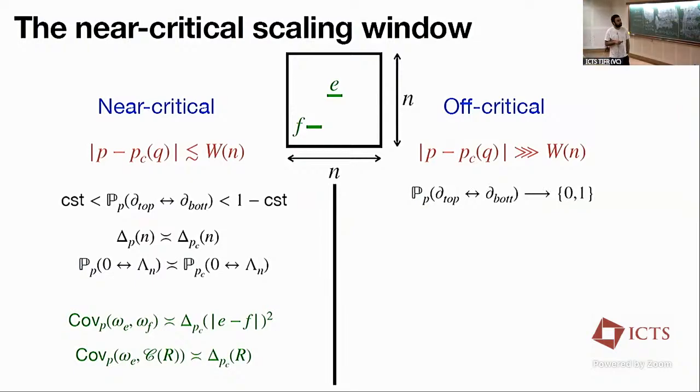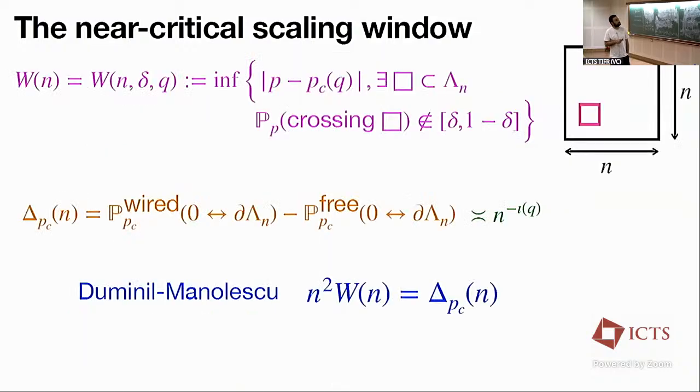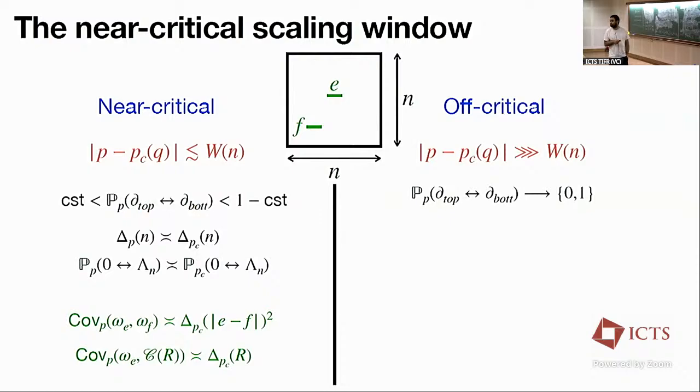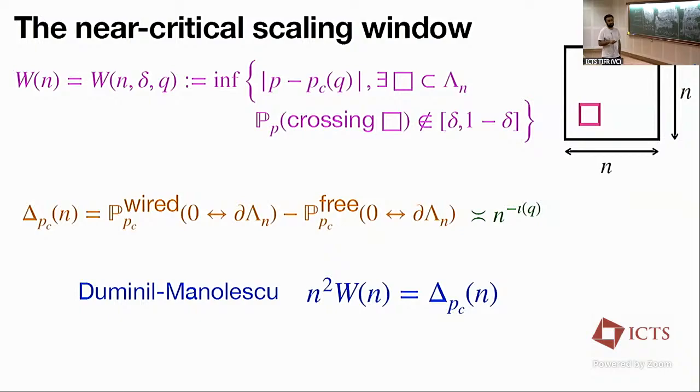But the conceptual message is that this near-critical window, which a priori was only defined for crossing events, macroscopic crossing a priori, actually tells you that if you don't move regarding crossing events, then you don't move for all the very subtle properties of your model, of your connection probabilities. This near-critical window is expected to decay like a polynomial, but it's not proven.